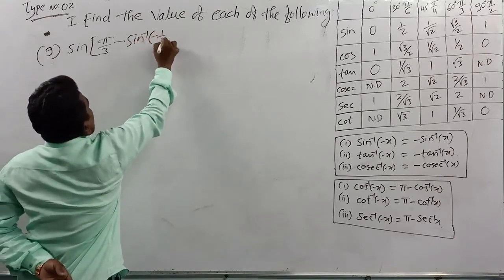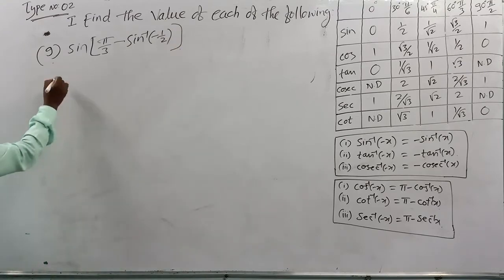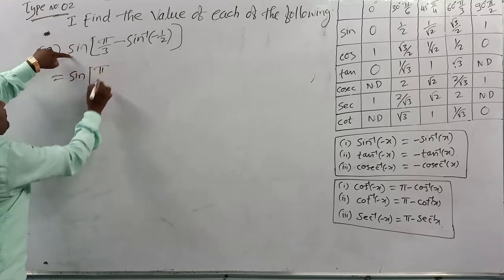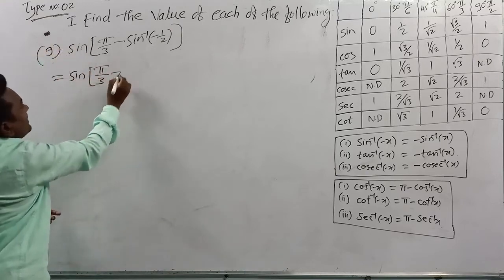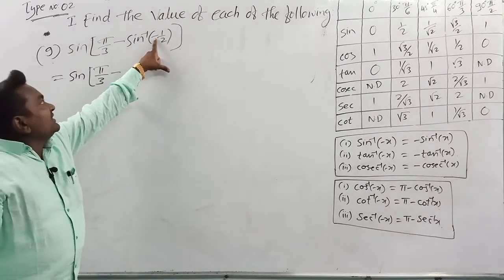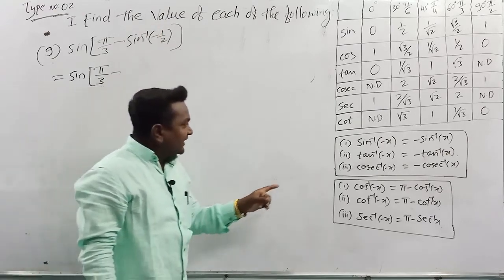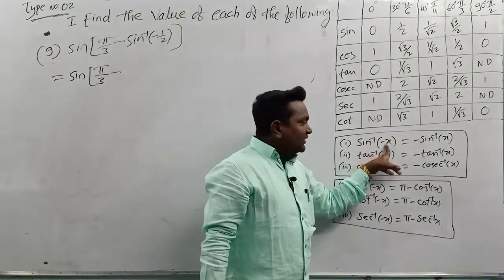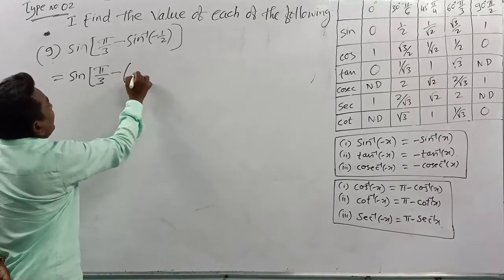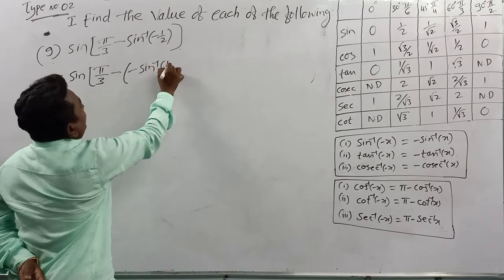Now to find its value, this is equal to sin function keep as it is there only, and pi by 3 constant is there, this also keep as it is, minus. Here we have to omit this negative sign. So we have to cancel out the negative sign by using its property: sin inverse of minus x is equal to minus sin inverse x. Means in the bracket, minus sin inverse 1 by 2.